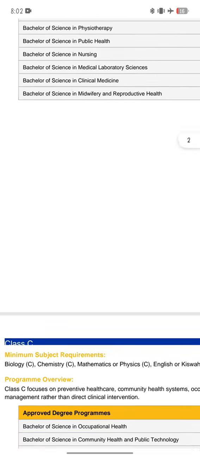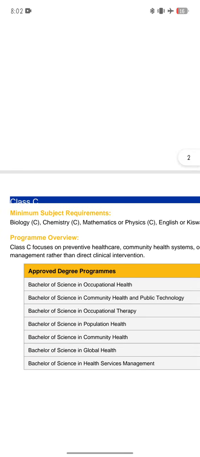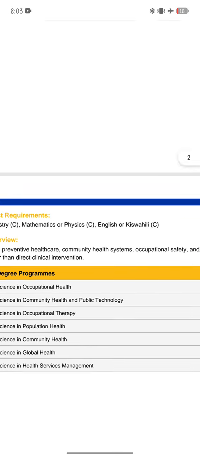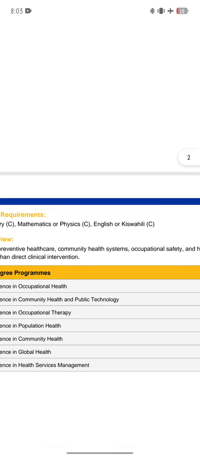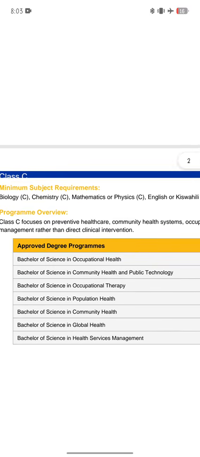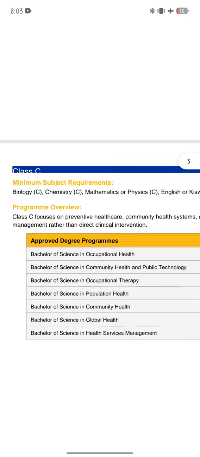We have class C. This focuses on preventive health care, community health services, and occupational safety and health management rather than direct clinical intervention.